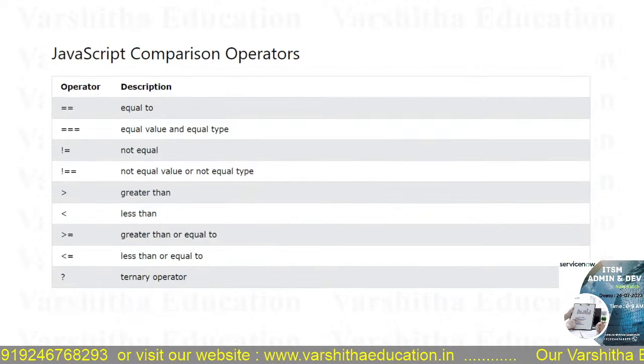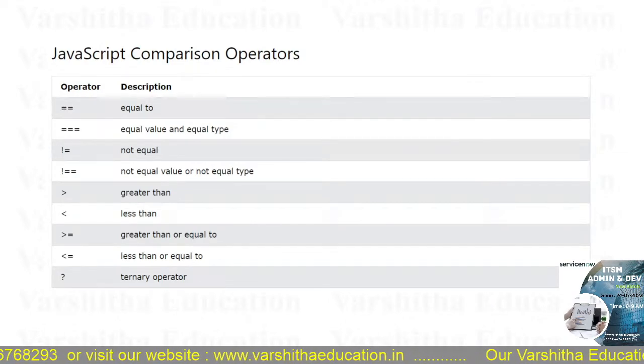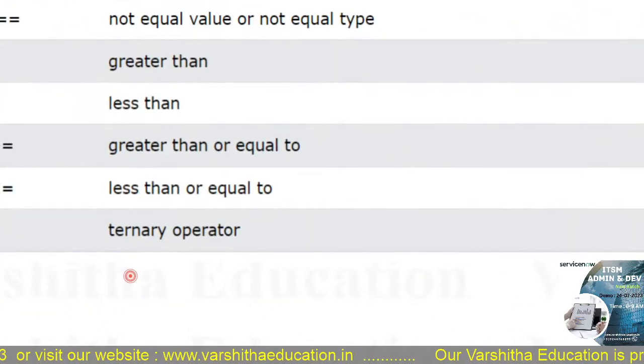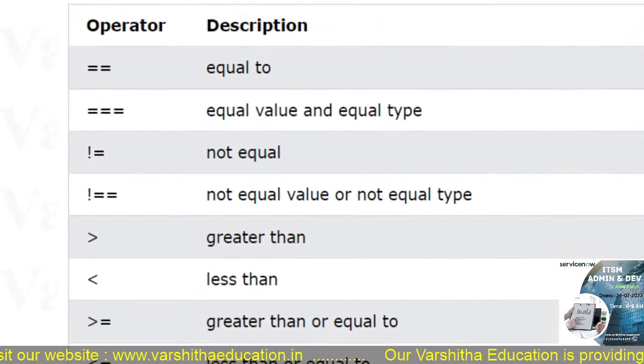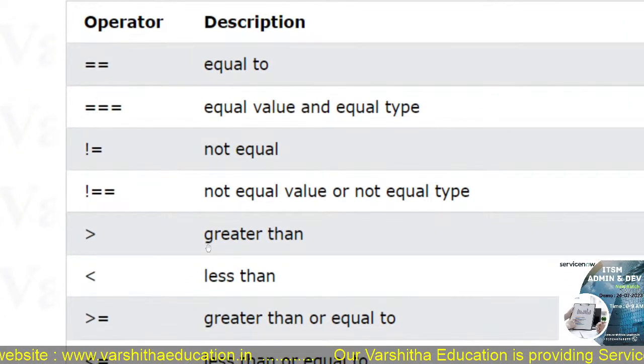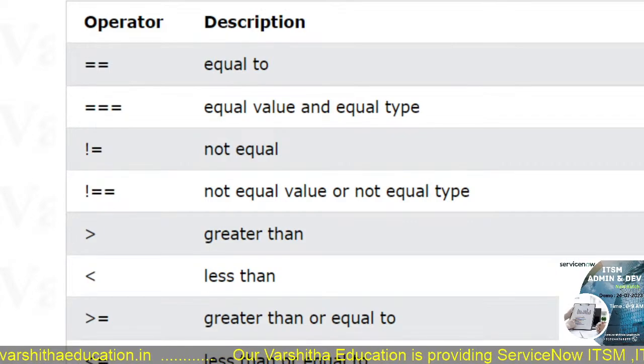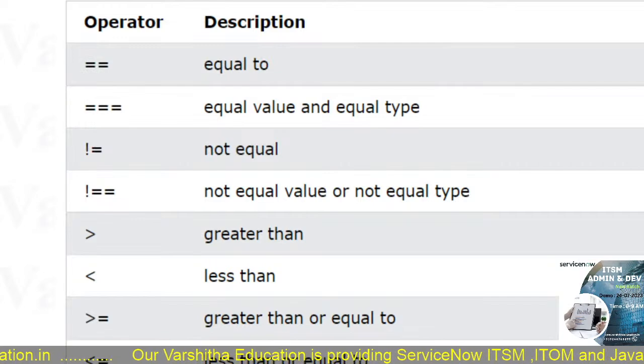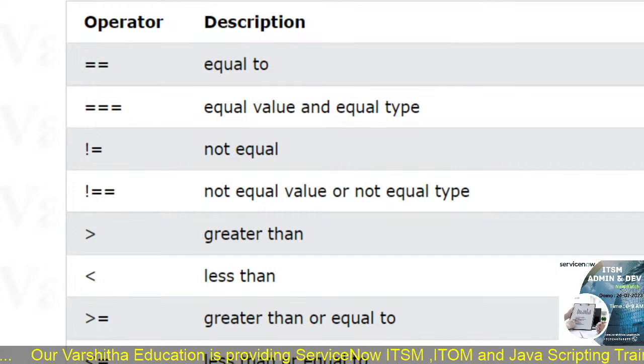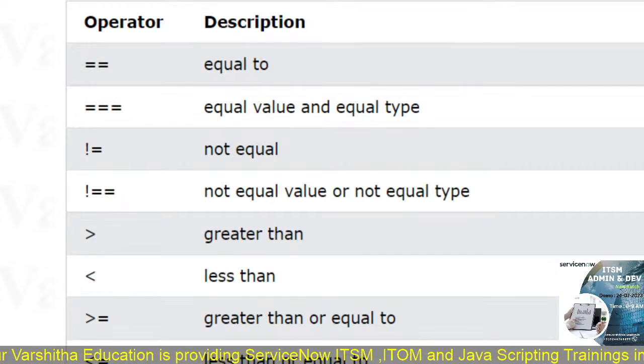Now we'll go with the comparison operators. I'll show you where we are using the comparison operators. First of all, I said that equal is nothing but an assigning operator. That's fine. But where is the comparison operator? If I use any condition, the comparison operator plays an important role in that area. Comparison: are both equal or not?